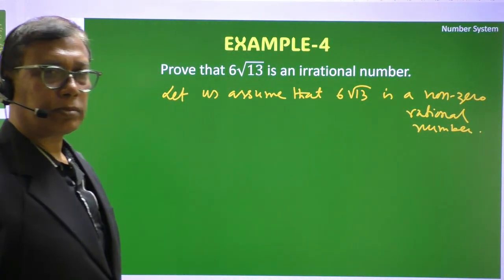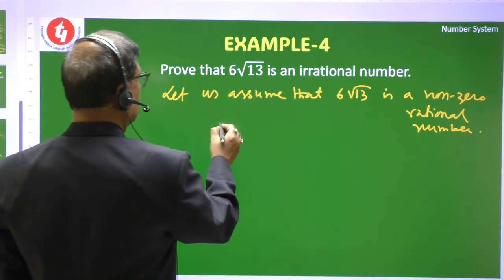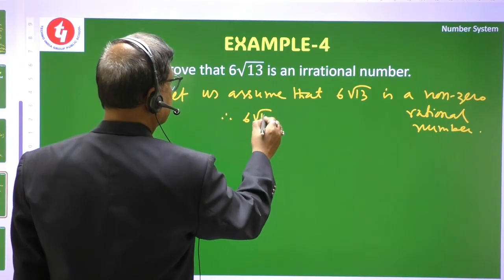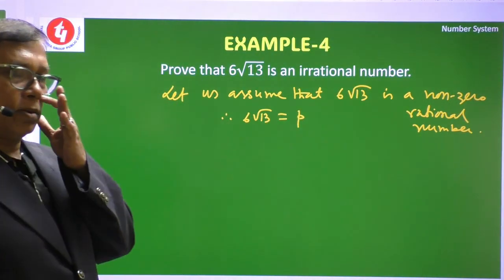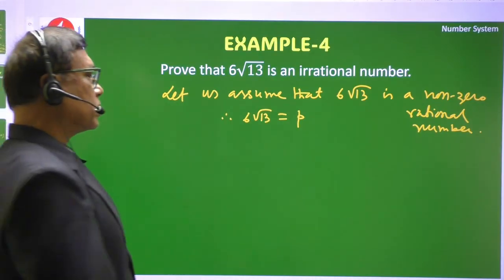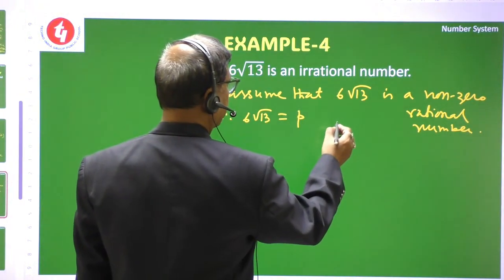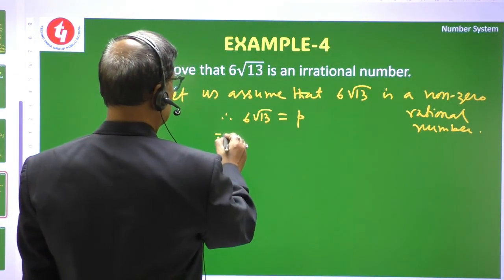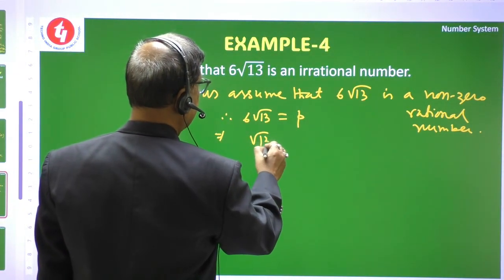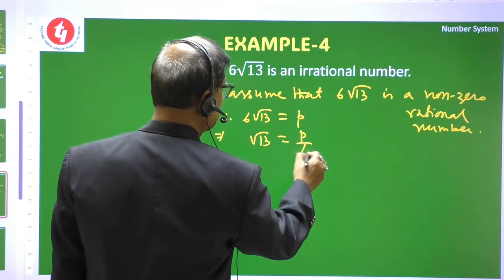Yes. Therefore 6 root 13 equal to p, where p is non-zero rational number. Yes or no? So this implies root 13 equal to p upon 6.